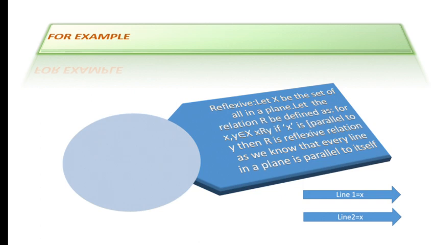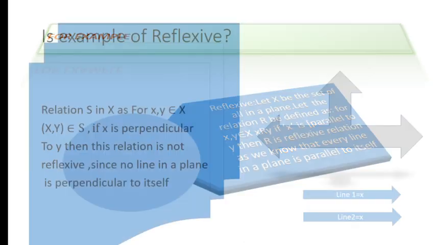This is a reflexive relation because every line in a plane is parallel to itself. Reflexive means x is related to x, related to itself. In a plane, consider a line x; x is parallel to itself. So this is called reflexive relation.